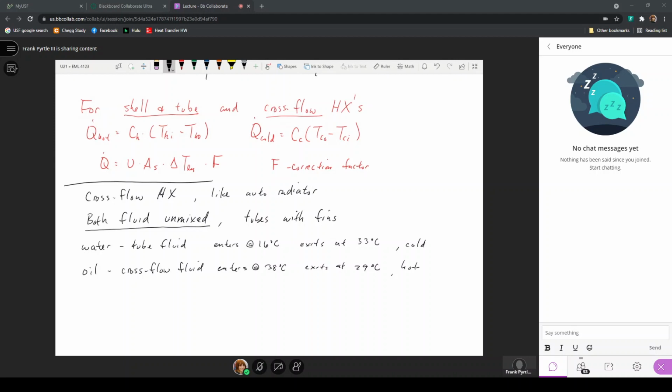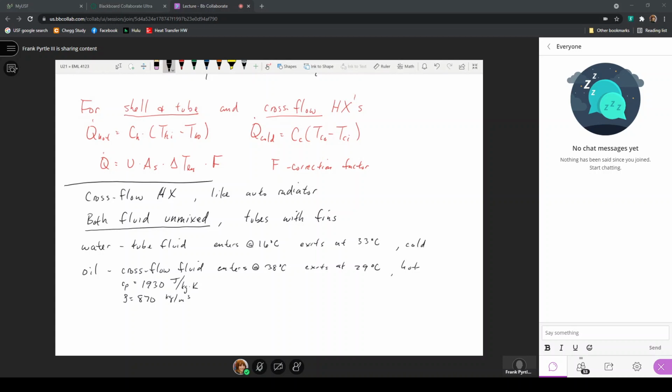And here we'll consider that the specific heat of the oil is going to be specified here. So when we consider an expression for the hot fluid, the specific heat of the hot fluid is given as 1,930 joules per kilogram Kelvin, and its density is 870 kilograms per cubic meter.